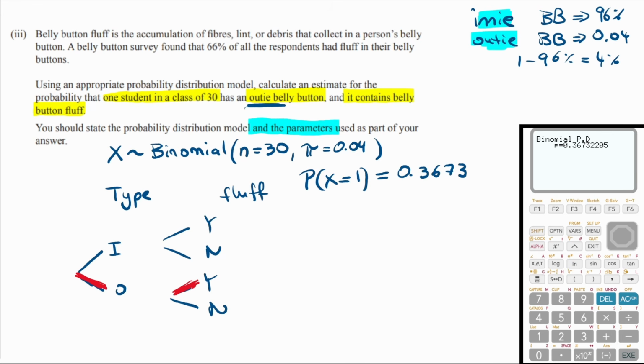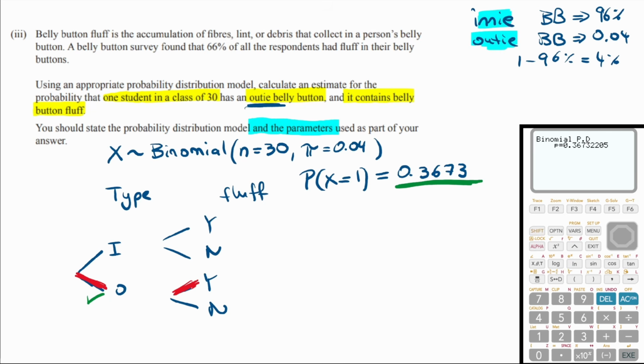So we're going to get that the probability here is 0.3673. And now the last part that we want here is, remember when you go on the probability tree, we multiply the probabilities. So that means here we have this probability already. That is the one in green. Now we have to find the probability of containing belly button fluff.